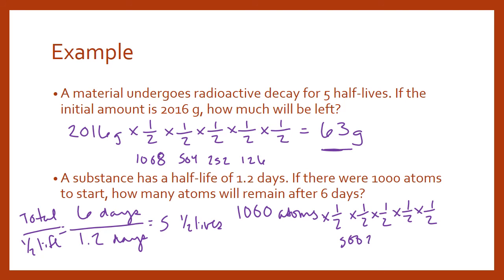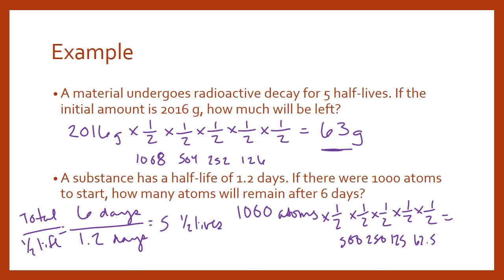After 1 half-life, I would have 500 atoms. After another half-life, I'd have 250. Then if I do 250 times a half, I get 125. Again, if I multiply 125 by a half, I get 62.5.